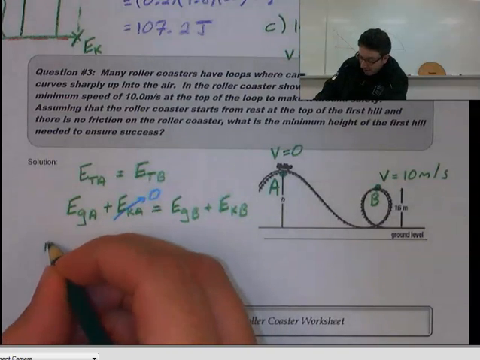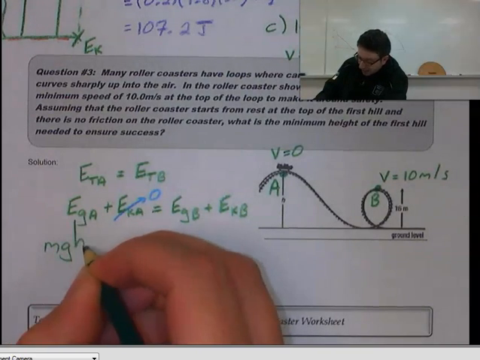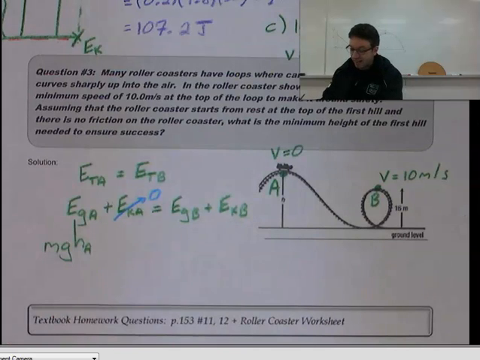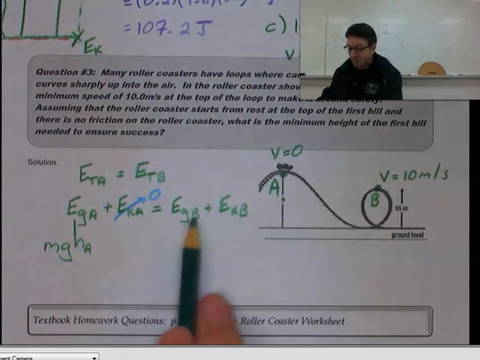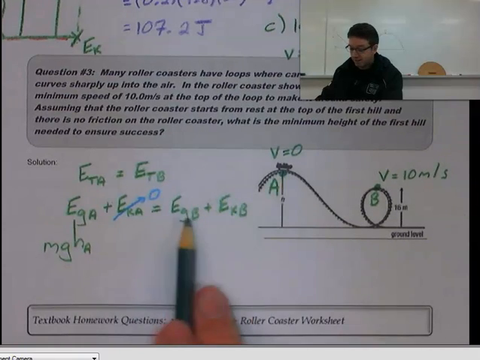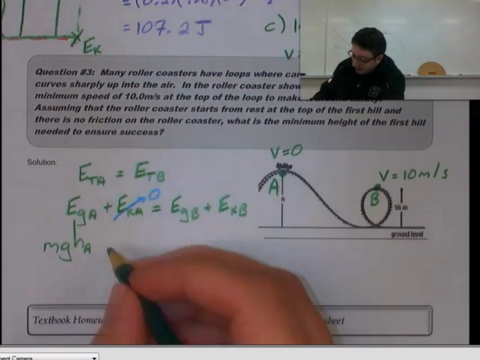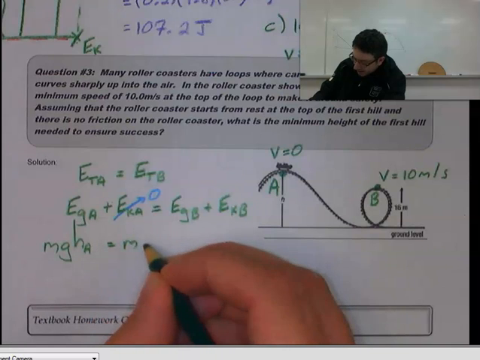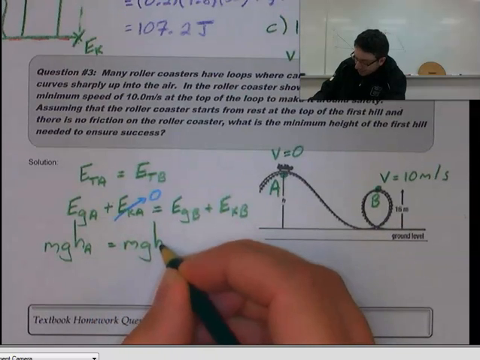So mgh, but I'm going to specify this is the height at A, because I'm going to be using h over here as well, and I don't want to get them confused because they are different h's. This one is going to be the height here, which I will label as HB.